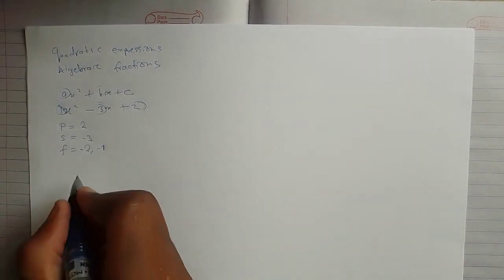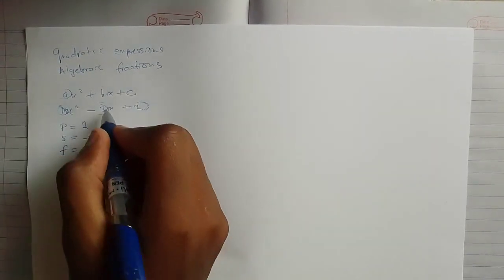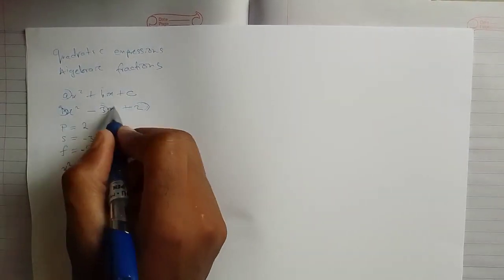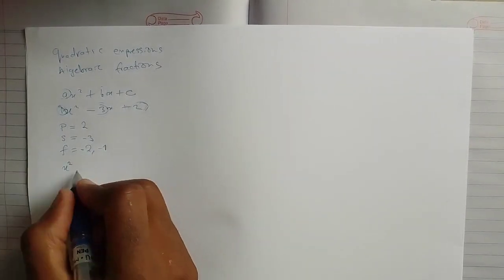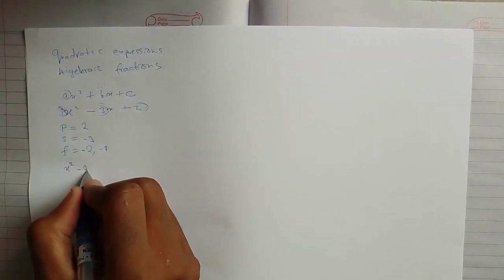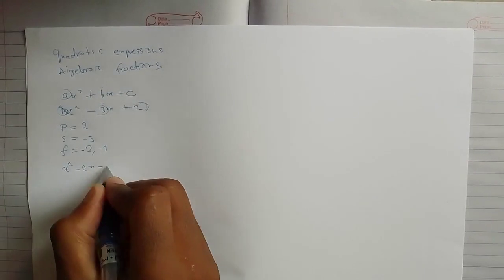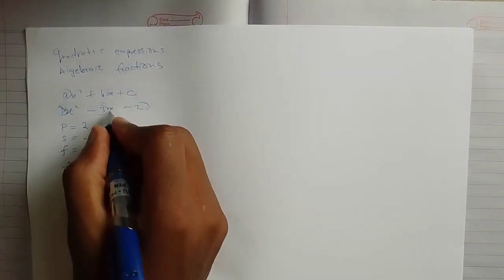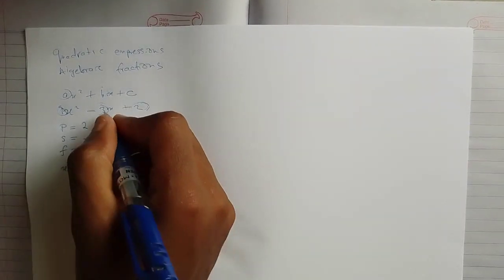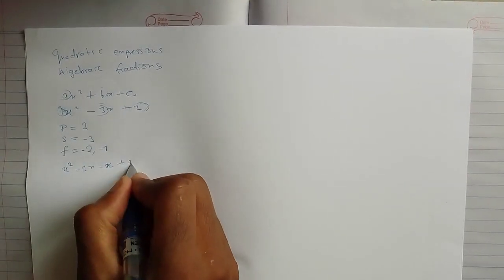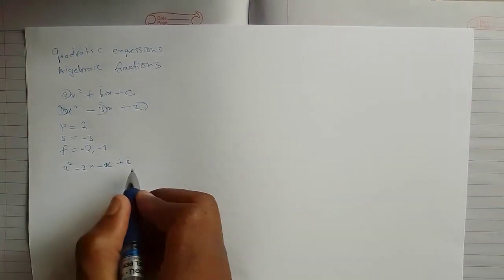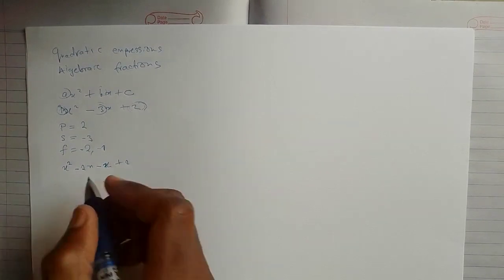After we find the factors, we write x squared, then where there was -3, we replace it with these 2 factors. So this will be -2x, and -x, we don't show the 1, plus 2. Then we factorize this using grouped factorization.